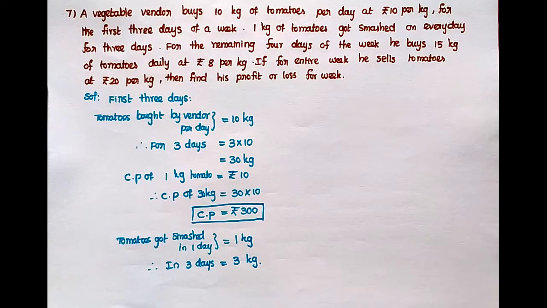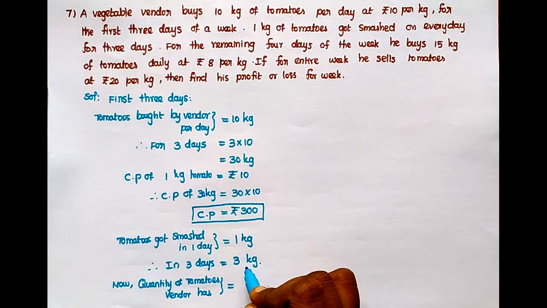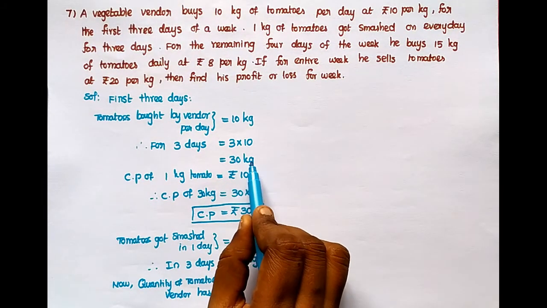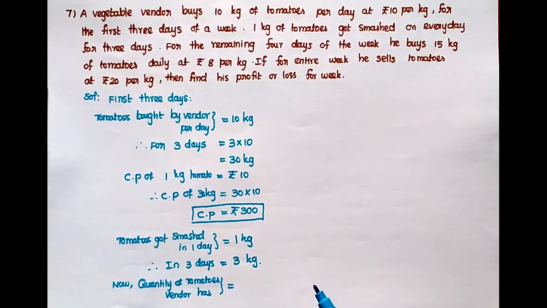Now, quantity of tomatoes vendor has. Listen, totally 30 kg he bought for 3 days, but 3 kg were smashed.